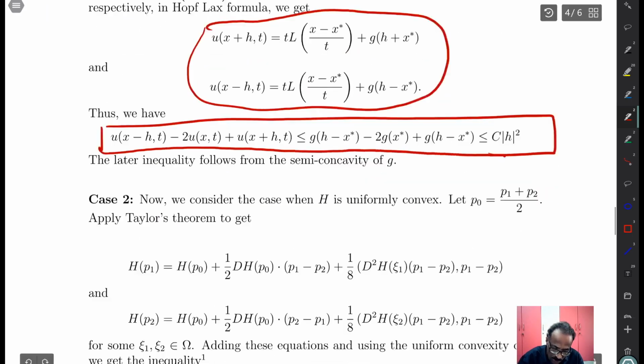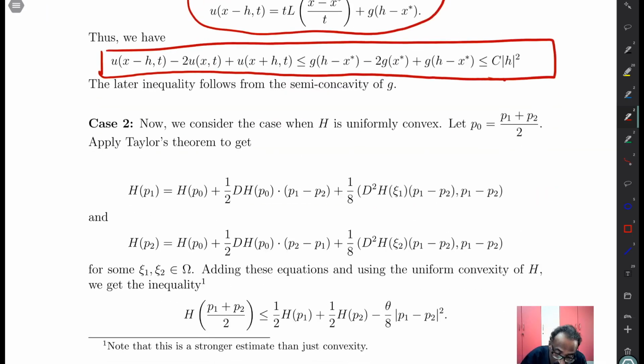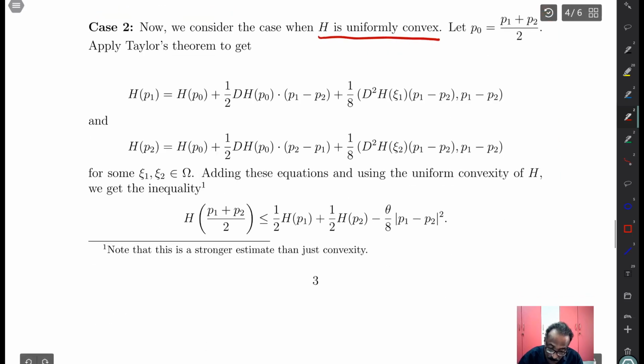You are also given a proof in the case when H is uniformly convex. You have to show a little bit more. Using the uniform convexity of H, you first prove some tricky inequality. This involves a little more work because you apply Taylor's theorem, since H is a twice differentiable function.